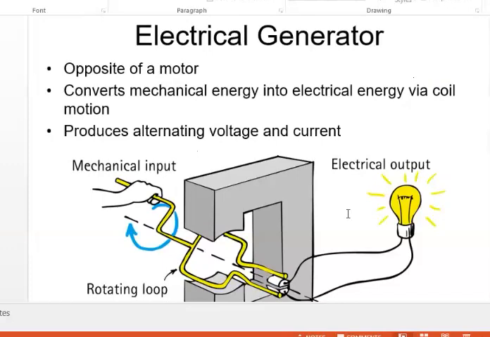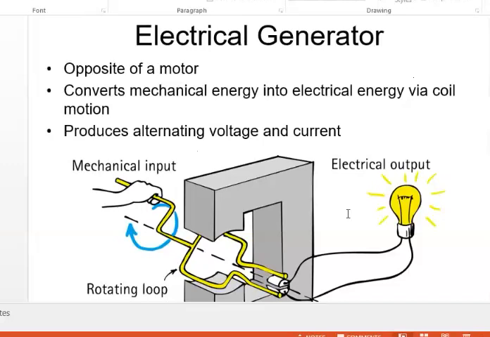In a motor, you first supply electrical energy, and then the motor converts this energy into mechanical energy in terms of spinning or rotation. On the other hand, here you supply mechanical energy, and in turn you get electrical energy.